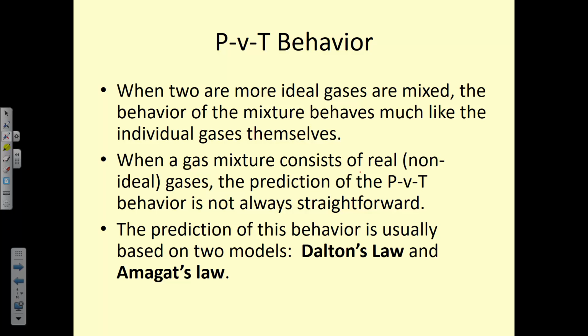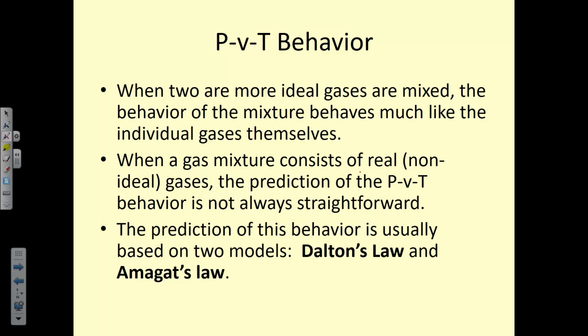Okay, so we know kind of how to find this mass average and mole average to determine our molar mass or our gas constant, but we now need to understand how these gases behave when they start mixing together. If they're operating as an ideal gas, it's fairly straightforward. If it's a non-ideal gas, then we have to do some other tricks and figure out what's going on. When ideal gases mix together, they continue to behave like an ideal gas, and it's easy.